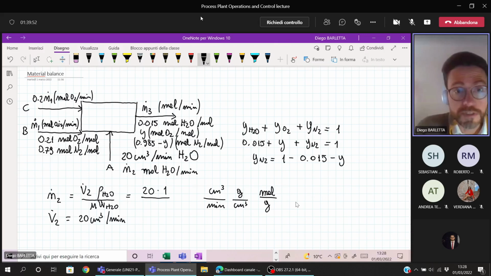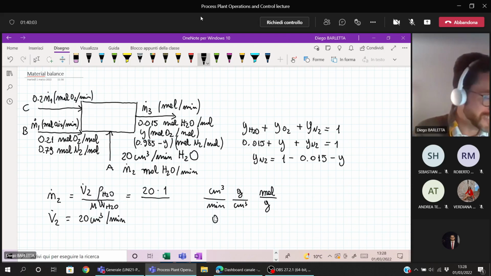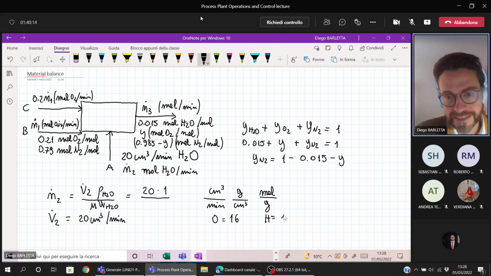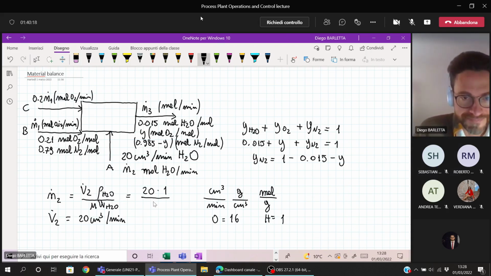Molecular weight of water is easy. You may need to look at the element table, but oxygen weighs 16, and hydrogen weighs 1. So the molecular weight is 18.